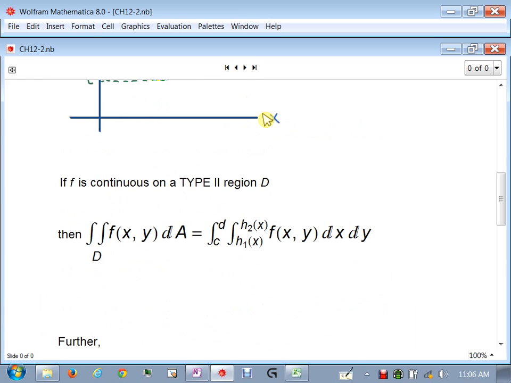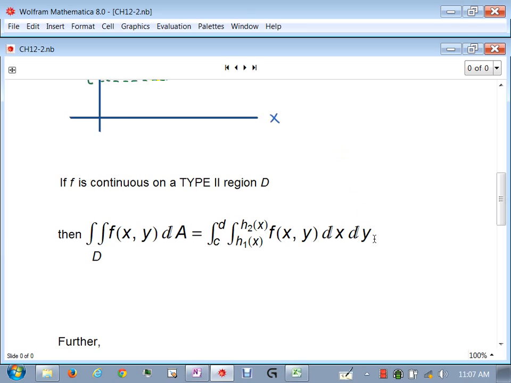Then our double integral over that region D of the function with respect to area is the integral from c to d, integral from h1 to h2 of the function. Notice your order of integration is dx dy instead of dy dx, the way it is with type 1.